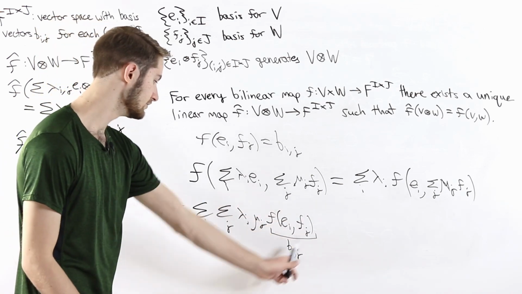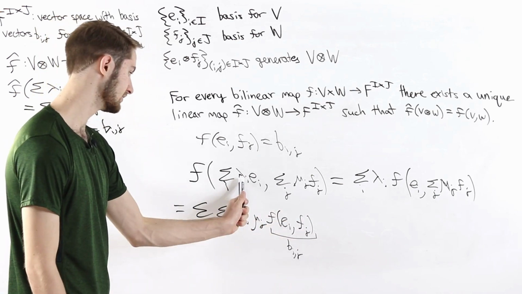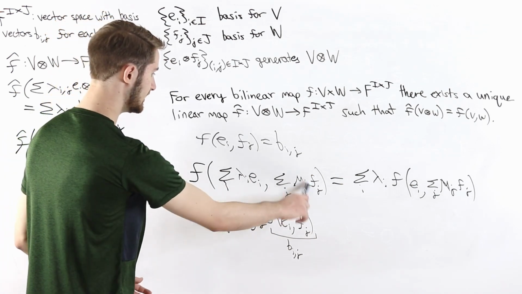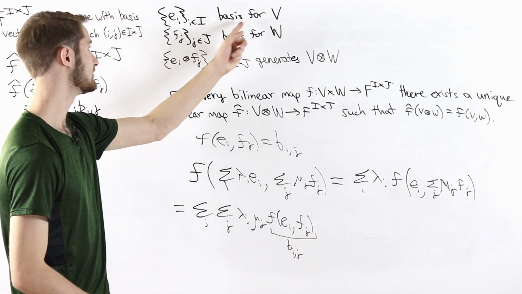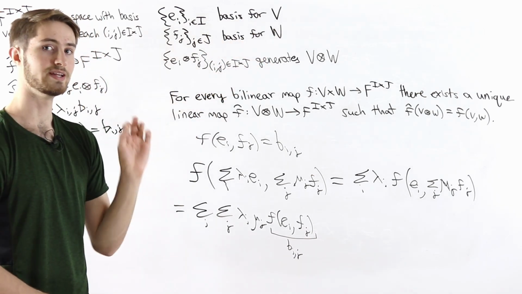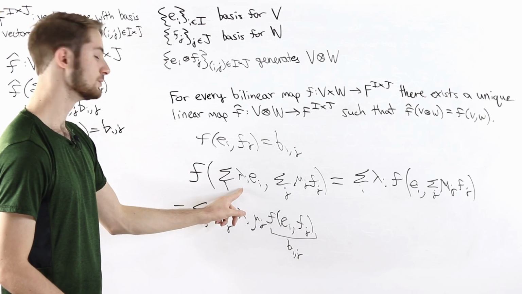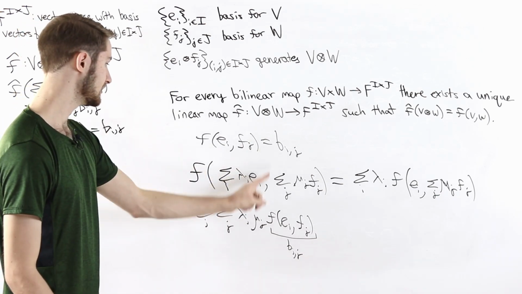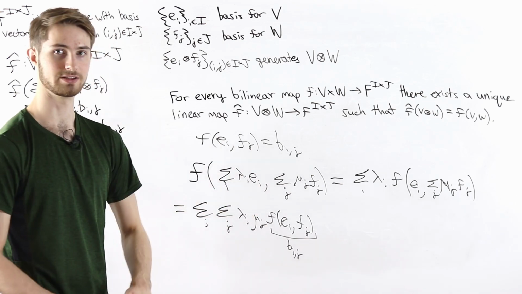We're defining the value of f in terms of the coefficients lambda_i and mu_j. But these vectors here, e_i and f_j, are basis vectors for V and for W. And what that means is that every element of V can be written uniquely in exactly one way as a finite linear combination of the basis vectors like this.